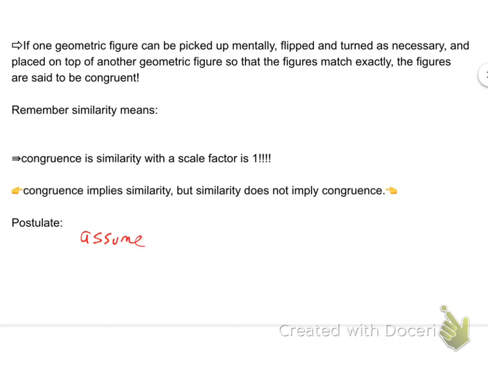We assume true without proof. Example, Mr. Konchak's awesome. It's a postulate. You assume it's true. You don't need proof. So, you assume to be true without a proof.